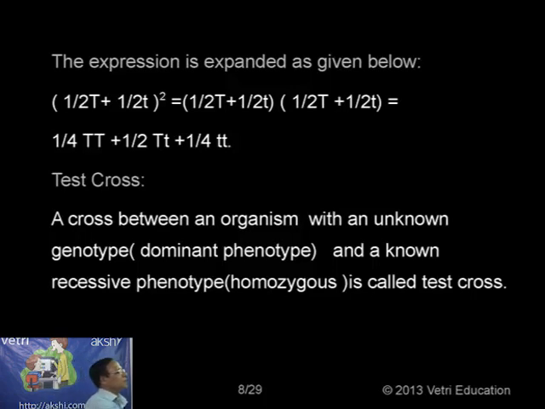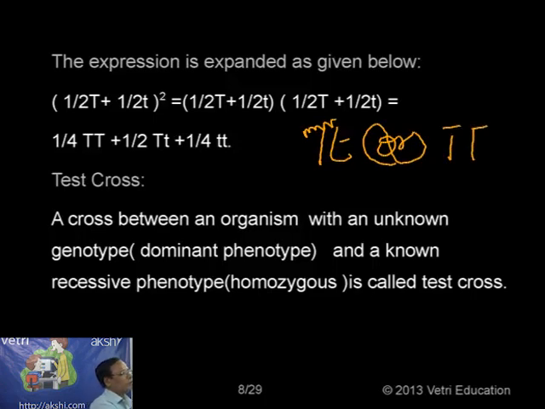Here we are crossing a heterozygous or a homozygous dominant parent with a recessive parent. You are crossing either this parent or this parent with this one. Then only can we get the idea whether the dominant parent is heterozygous or homozygous.